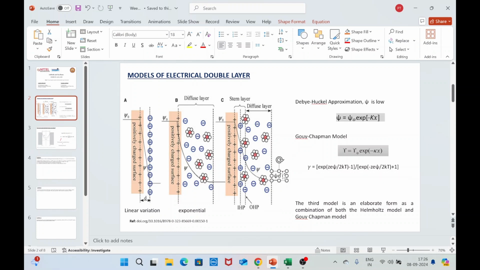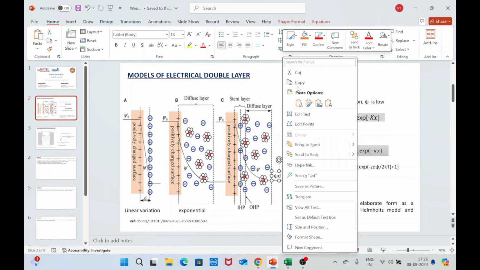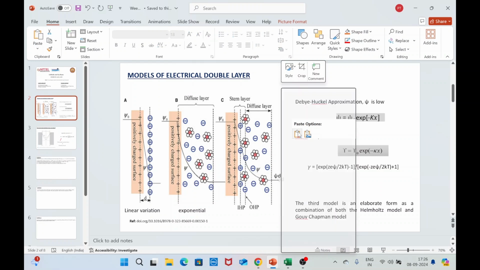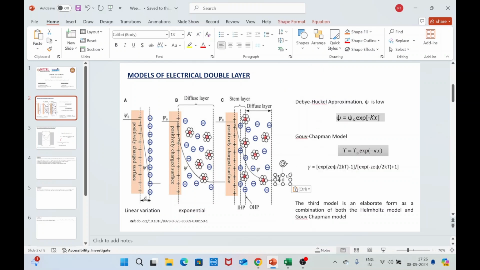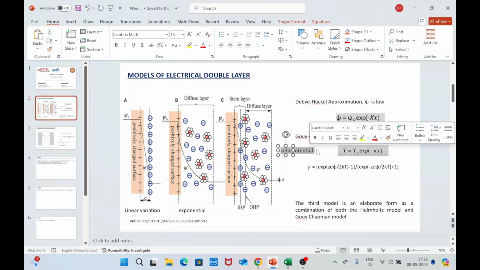So the potential here is psi d, and then the potential here is the zeta potential. Of course, we have discussed the concept of zeta potential in the week 2 or week 3 live interaction session also.